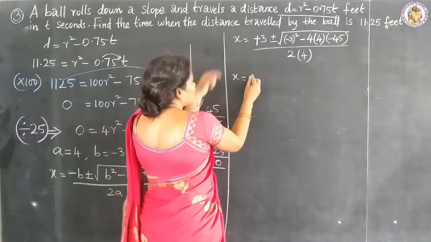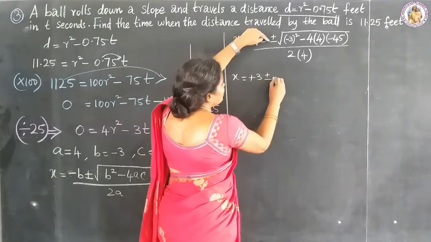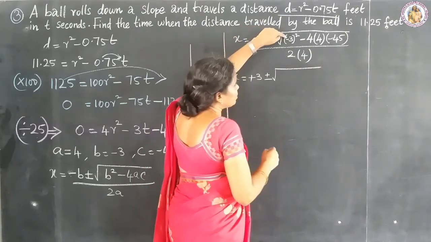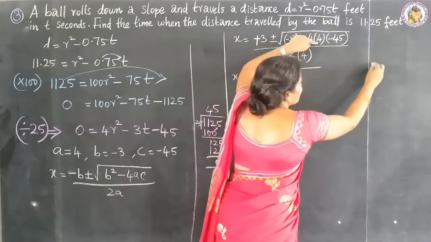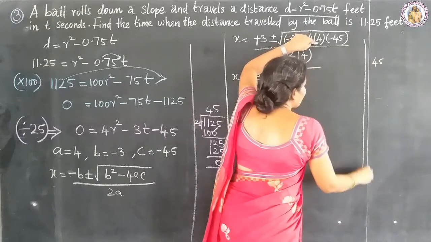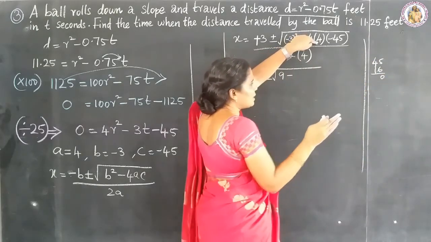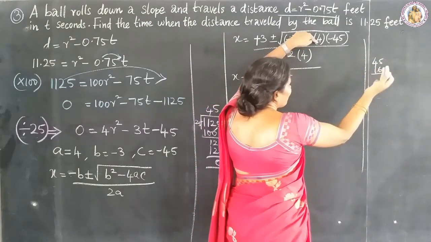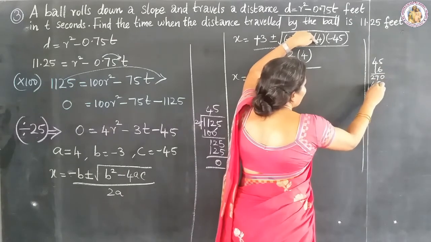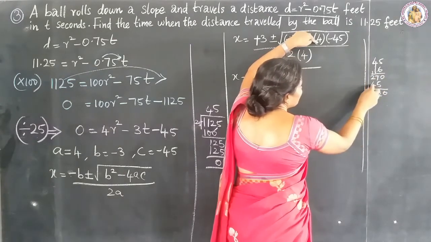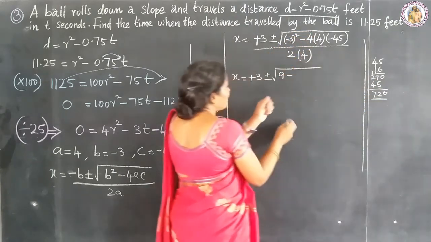Now x is equal to plus 3 plus or minus square root of 3 into 3 is 9 minus 4 fours are 16, 16 into 45. So 45 into 16: 6 fives are 30, 0 remaining 3, 6 fours are 24, 25, 26 and 27. 1 five is 5, 1 four is 4, 720.